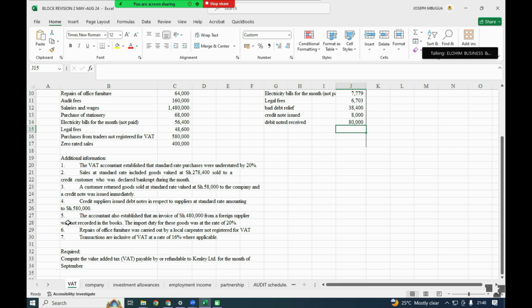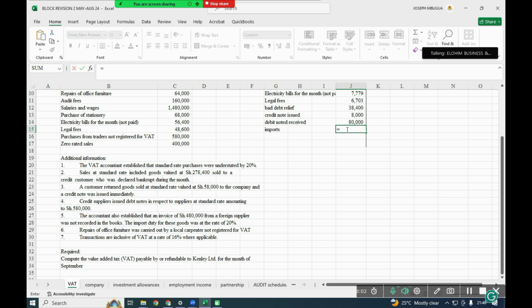And the last one, number 5, the accountant also established that an invoice of 480 from a foreign supplier was not recorded in the books. The import duty for these goods was at the rate of 20%. So these are imports, and imports, we say they are not inclusive of VAT. That's why here they normally use the words where applicable. So VAT inclusive is not applicable under the import.